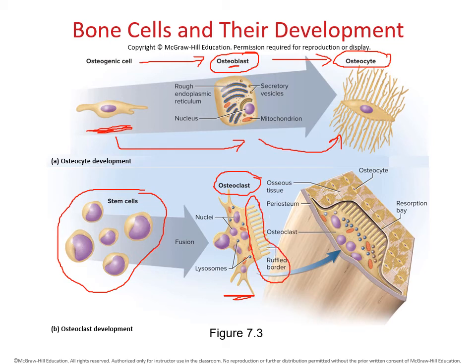And if you take a look at the insert picture over here, you can see that it's laying over the bone tissue that's been formed, and it's dissolving the matrix. So this is how it's dissolving and breaking down the bone, so it can go ahead and start working with osteoblast cells to rebuild it on their end. And don't worry, we're going to talk about the exact mechanism of how it dissolves. We're going to discuss that in part 2 of our lecture.